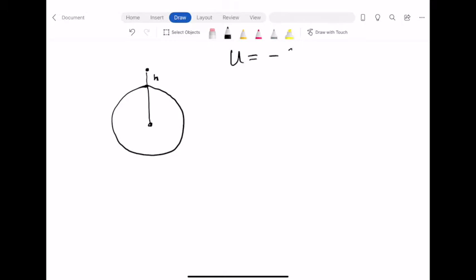U is equal to minus GMm over r. So let's call this point A and this point B. What I'm trying to calculate is potential energy at B minus potential energy at A. I just want to see what that comes out to, right?